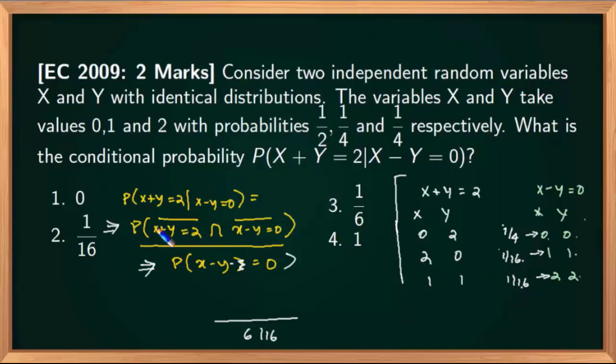In the numerator, I have to find the probability of simultaneous occurrence of x plus y is equal to 2 and x minus y is equal to 0. So x plus y can be 2 if this is 0, this is 2; this is 2, this is 0; or this is 1, this is 1. But I have to make sure that these two things happen simultaneously because I have taken the intersection.